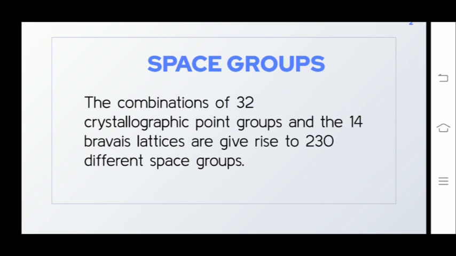That is, the Bravais lattice is defined together with the point symmetry of the 230 space groups. 73 arise from combinations of Bravais lattices and the crystallographic point groups without any extra symmetry operations such as screw axes and glide planes being involved.